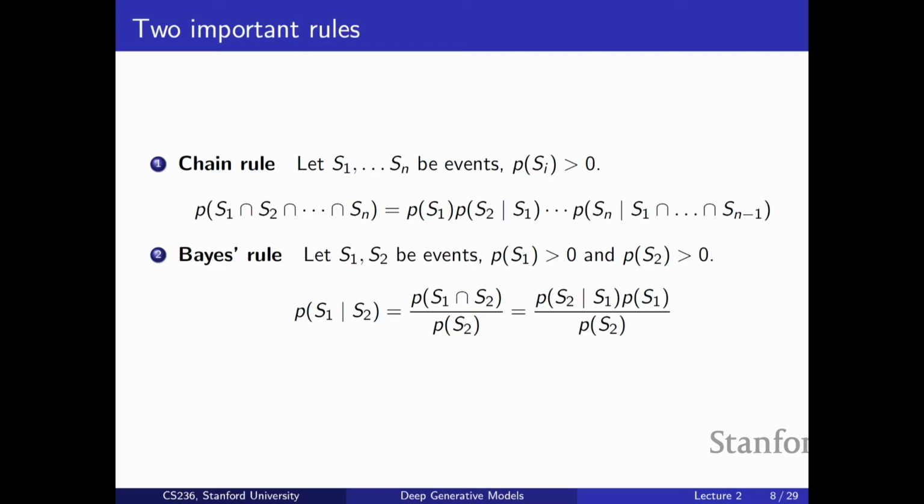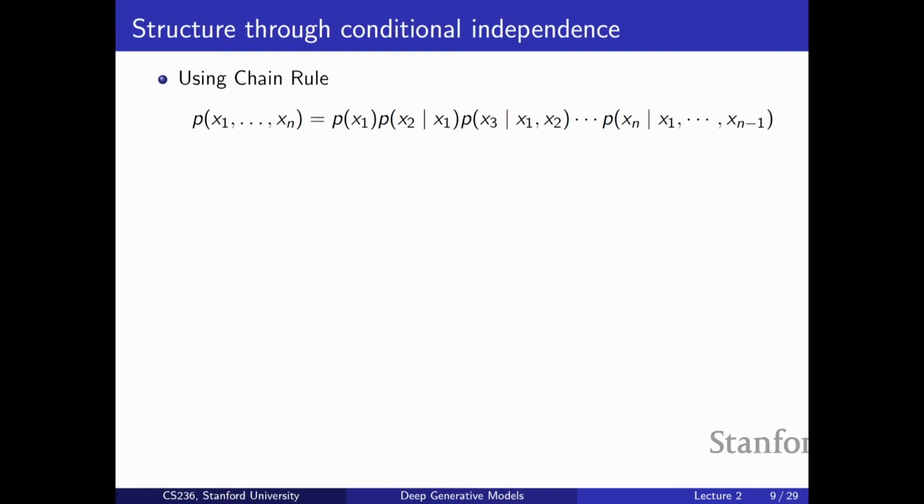And so this is how you would use it. You can always take a joint distribution over n variables and write it down as a product in this way, as the probability of x1 times the probability of x2 given x1, the probability of x3 given x1 and x2, and so forth. Using chain rule, this is something you can always do.